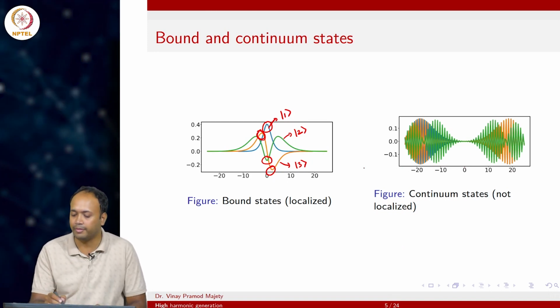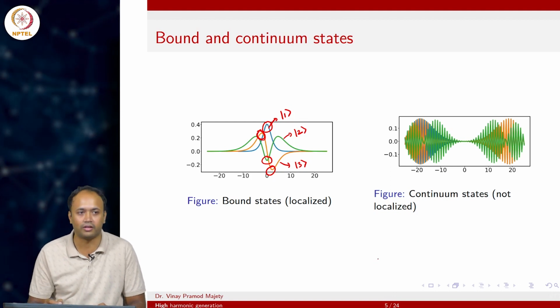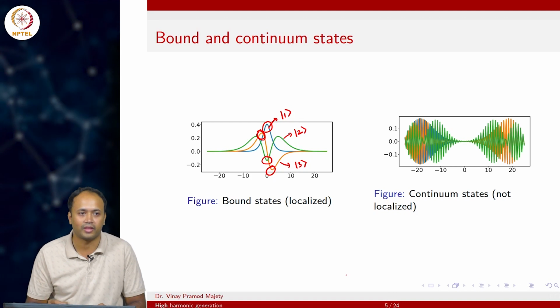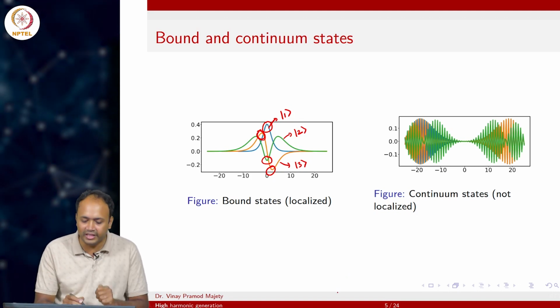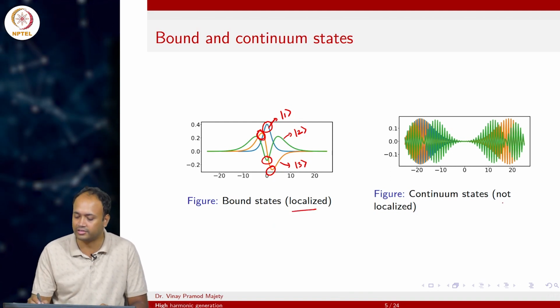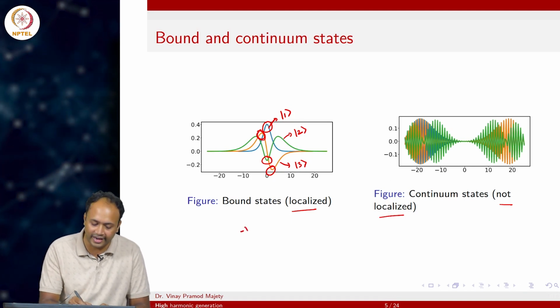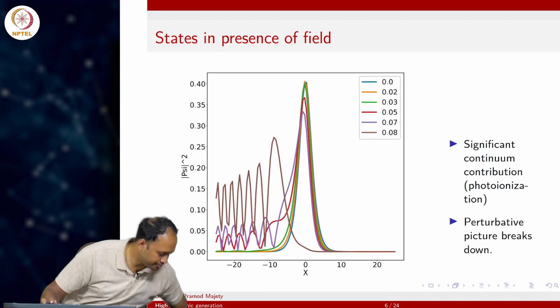So the electron can be found essentially anywhere. There is no one fixed position where you can find the electron. These are the important characteristics of bound states, which are localized and have negative energy, and continuum states, which are not localized and have positive energy.